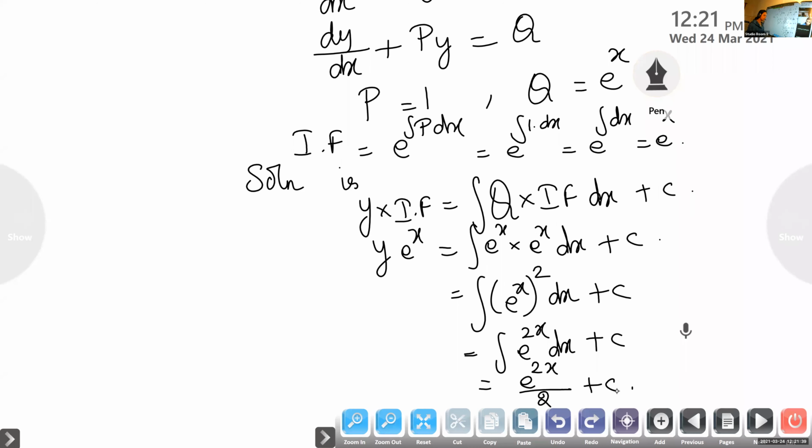Therefore, the solution is y into e raised to x is equal to e raised to 2x by 2 plus c.